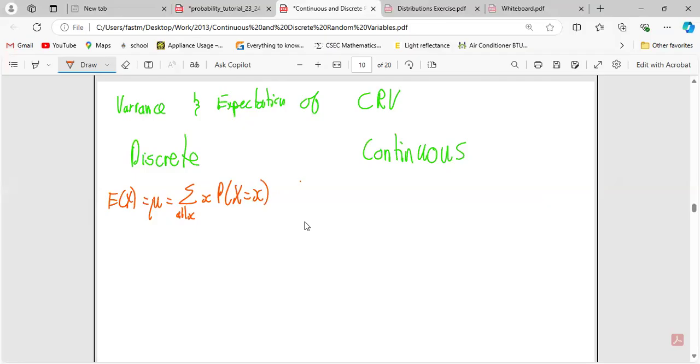It has no less than or anything, it's equal because it's discrete. And the variance of x is equal to E of x squared in the bracket, subtract E of x all squared. And in terms of the one we used before, this here is the sum of all x.